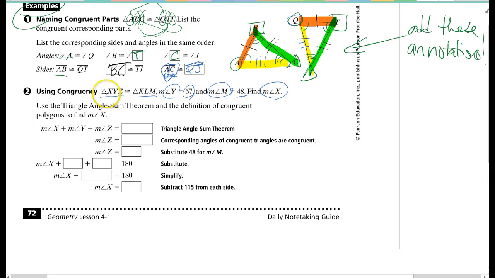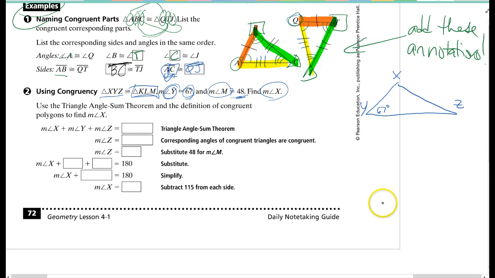So let's try this. Let's draw triangle XYZ. So here's X, Y, Z. They give me some information here. Angle Y was 67 degrees. Got it? Okay, now there's another triangle, KLM, and they gave me something about that. Well, let me draw KLM.